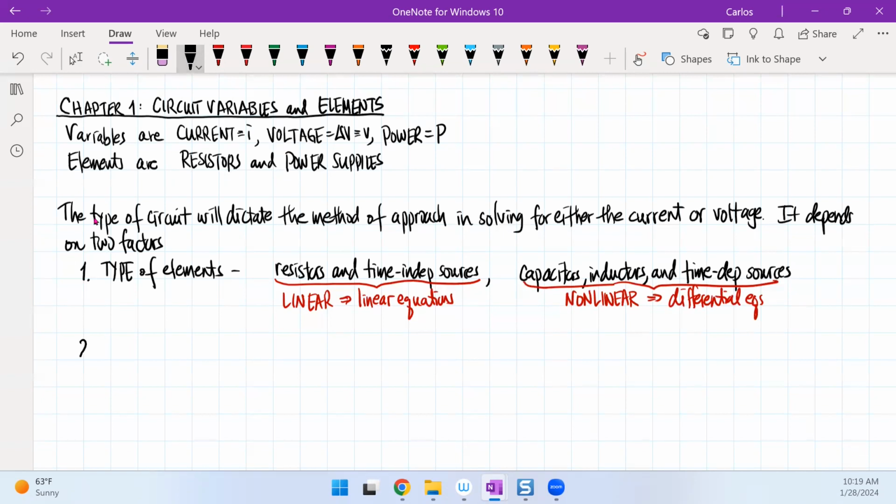The other factor is the geometric structure. The geometric structure tells us quite a bit, because if the circuit is either in parallel and or series, then we use reduction methods.